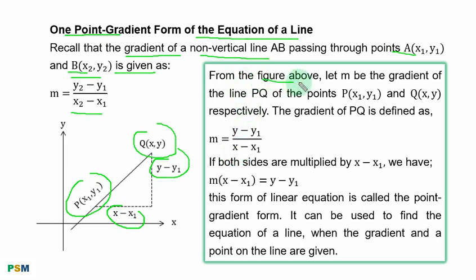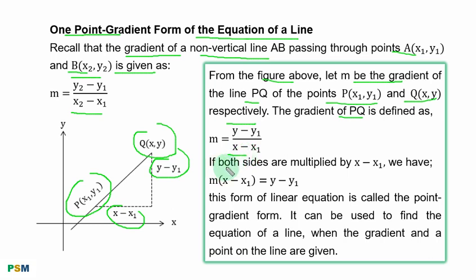From the figure above, let m be the gradient of the line PQ of the points P and Q respectively. The gradient of PQ is defined as m equal to increase in y, that is y minus y1, over increase in x, that is x minus x1.